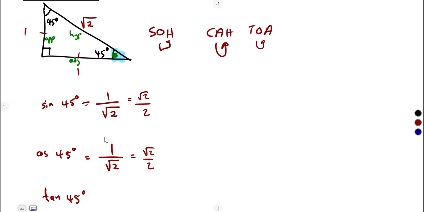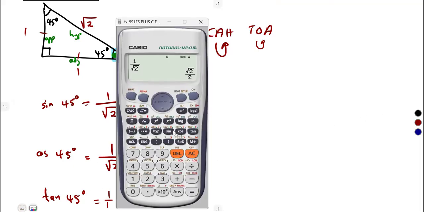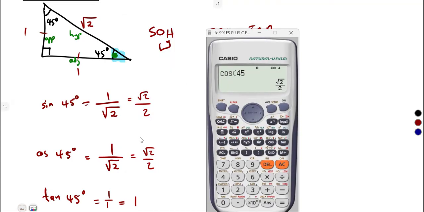Opposite is 1, adjacent is 1, so 1 over 1 gives us 1. This is the exact answer from your calculator. Take your calculator and say tan 45: 1. Cos 45: square root of 2 over 2. The same thing.